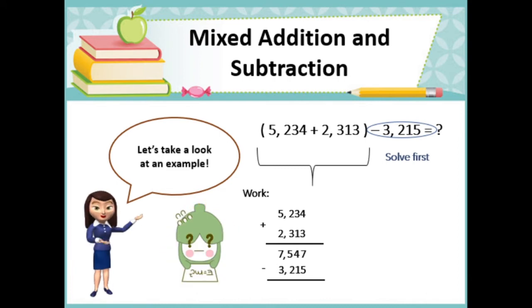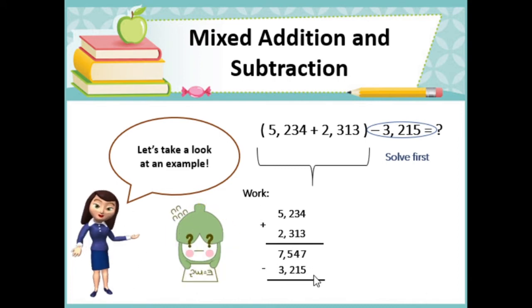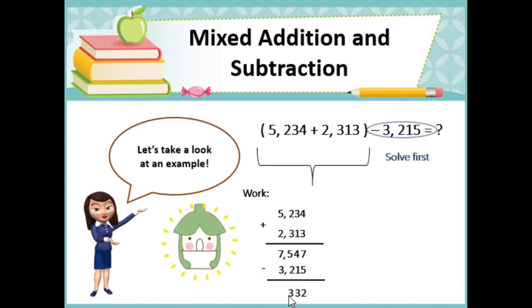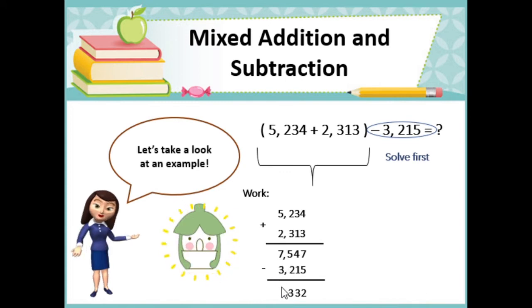Subtract from the rightmost place. 7 minus 5 equals 2. 4 minus 1 equals 3. 5 minus 2 equals 3. 7 minus 3 equals 4.